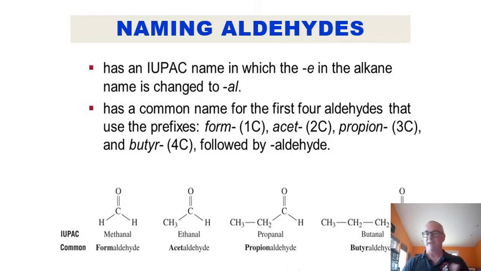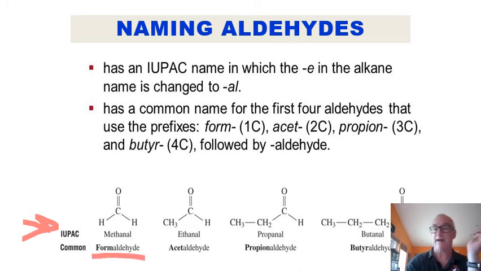So again, aldehydes, pretty straightforward. There's a lot of common names for aldehydes because we've just been using them for so long. The IUPAC names are the new names, but the common names are the ones that have been used for hundreds of years. Like you've no doubt heard of formaldehyde. Formaldehyde is used to preserve things.